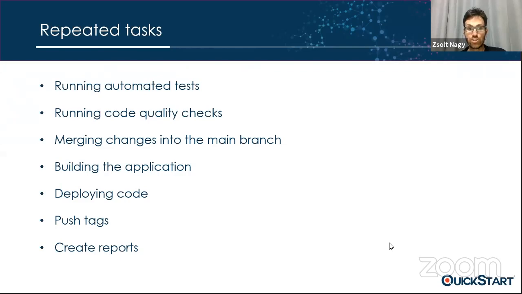Next item is pushing the tags. Now, if you develop software, oftentimes a deployment is basically linked to a commit in the tree of changes that is basically the latest change. And it contains all the past incremental changes that happened to the software. Once we deploy, we usually have the habit of pushing tags that indicate what was deployed, when was it deployed, and so on, so that you can identify the commit.